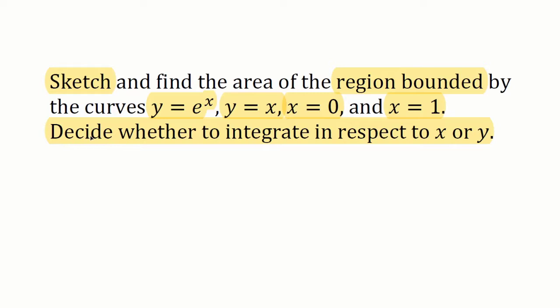That's why the problem wants you to decide whether to integrate with respect to x or integrate with respect to y. The wording here is formal, but what exactly does it mean to integrate with respect to x or with respect to y? As I explained in my general lecture, integration is accumulation.